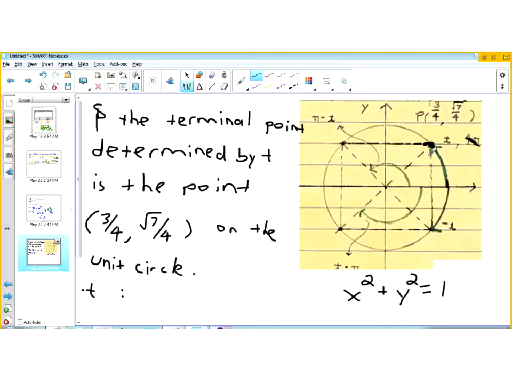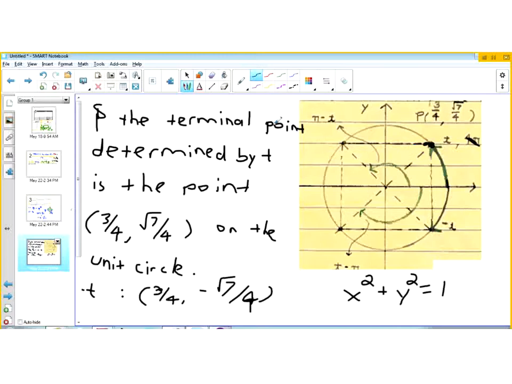By symmetry, we can see that the only thing that changes with negative t is that the y value changes sign. So for negative t, the coordinates of the terminal point would be 3/4, negative square root of 7/4 by symmetry. All we do is reflect the coordinates of t about the x-axis.